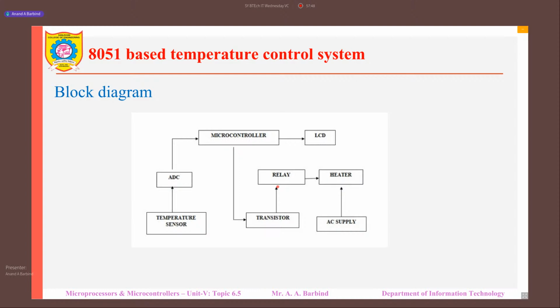For example, in the refrigerator, you might have heard that sound, and when it comes, the compressor is turned on, and when the temperature is maintained, it is automatically turned off. So that particular relay is used. It is a mechanical switch.